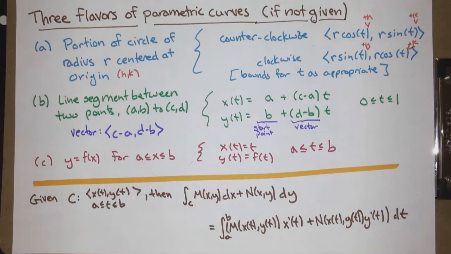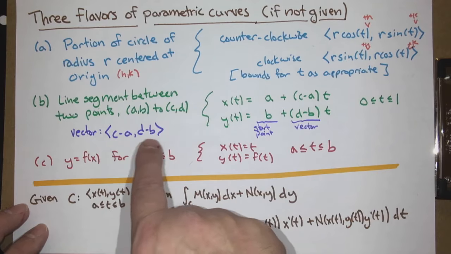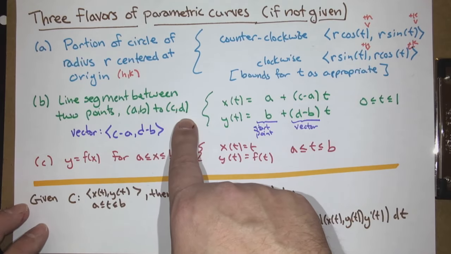If it's a straight line segment, you say, oh, we learned how to parameterize lines, the parametric form for lines. And it turns out it's really very clean. If you think back to the first part of the course, you have 2 points. You find the vector between the 2 points. You choose A, B as your start, C, D as your end.